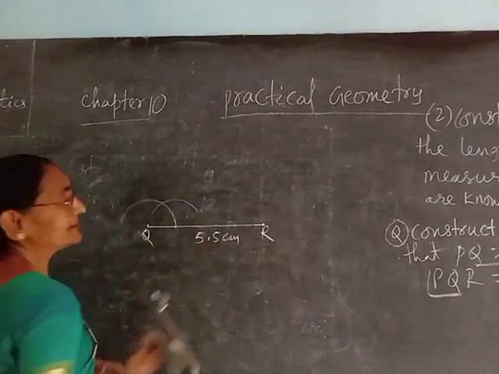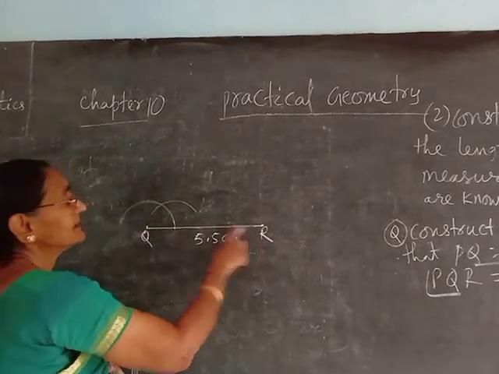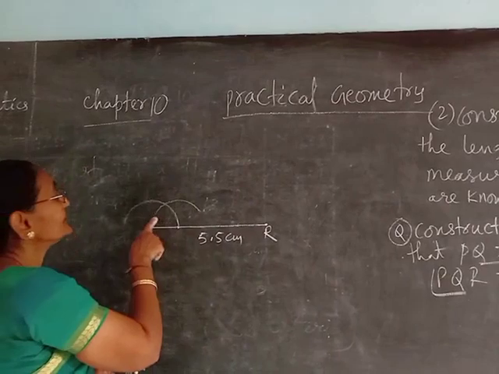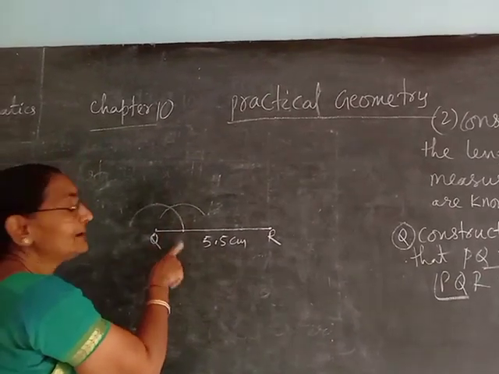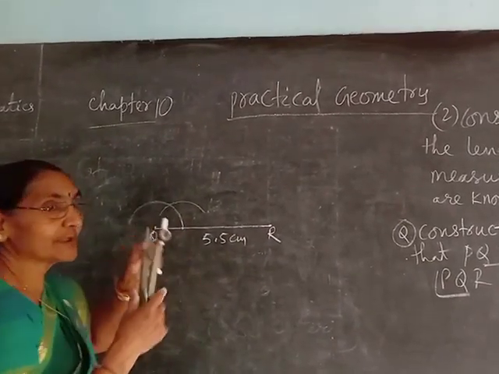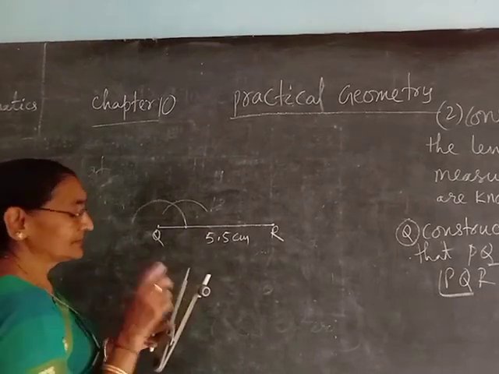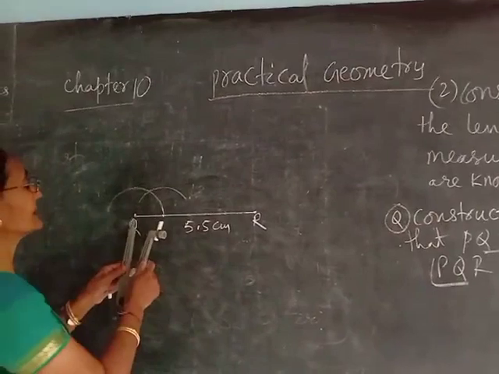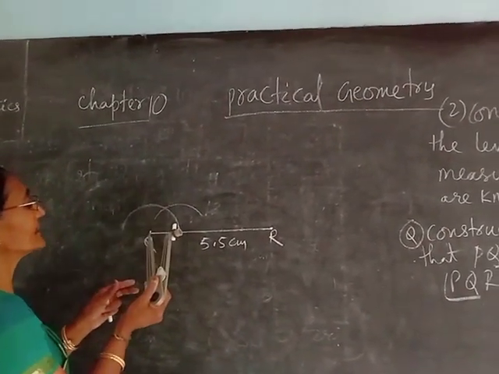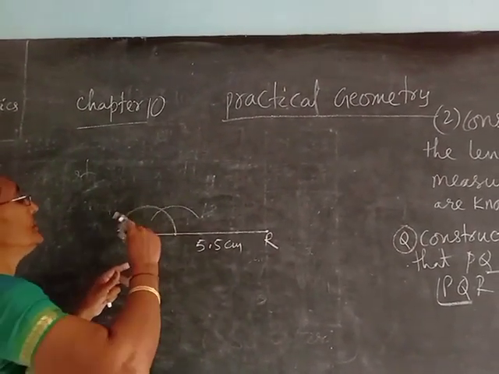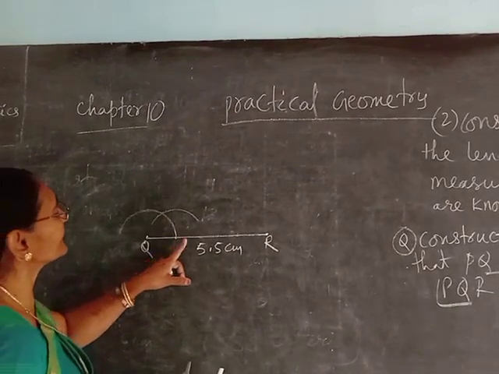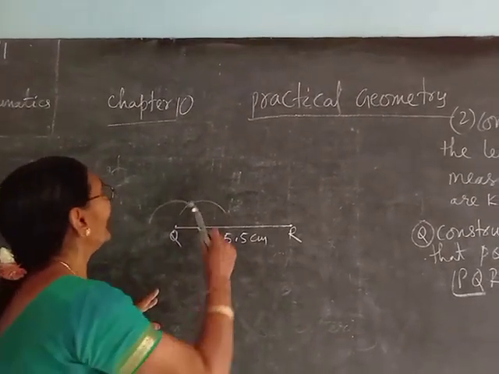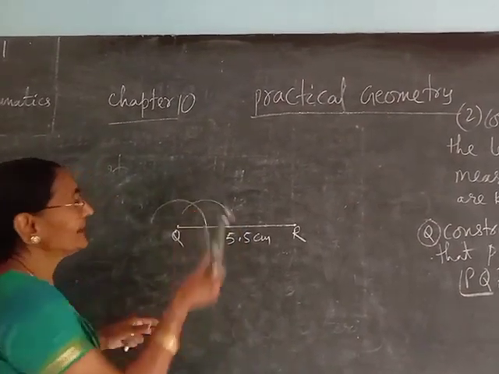First you draw one line segment, it is 5.5. Then at point Q you draw one 60 degree angle. How will you draw this 60 degree angle? You take your compass, take some radius of your choice, any measurement, and draw one arc from the point Q. Where the arc and this line are intersecting, one point came, that point you keep there and draw another arc on the arc.